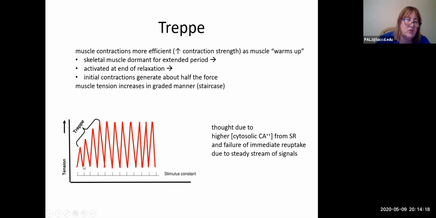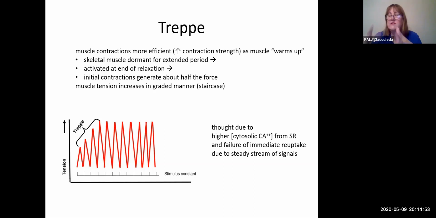But notice each contraction is going all the way back down towards the threshold. It's completely relaxing in between them. The initial contractions are only generating about half the force of what happens after that muscle is warmed up. Meaning you need to warm up your muscles before you exercise. This muscle tension increases just like going up the steps on a staircase, so it's a graded thing known as treppe.